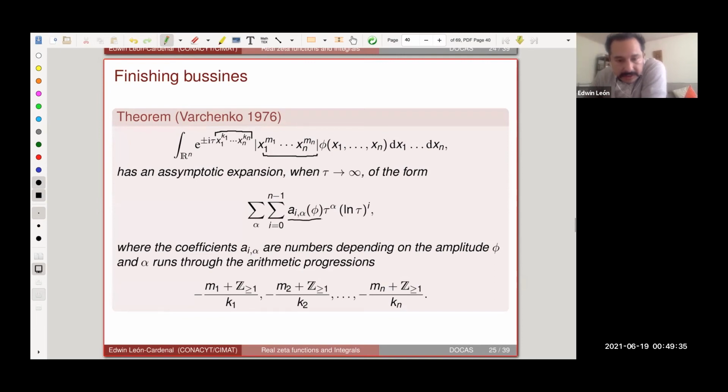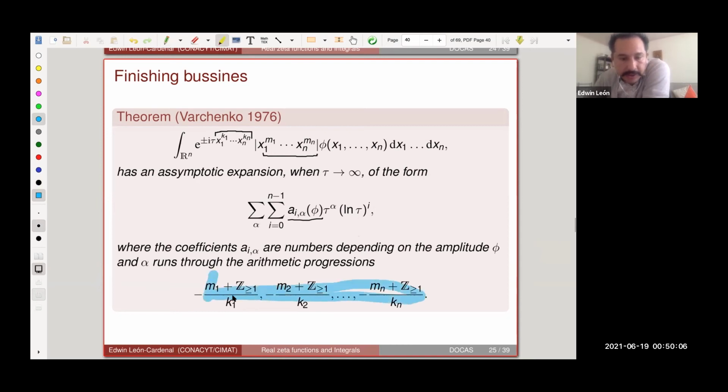This is again the same thing. What appears here is the power of the parameter tau, and then some powers of the logarithm of tau. But the alphas here are running through the sets of the possible poles of the local zeta functions that we just computed, these guys.